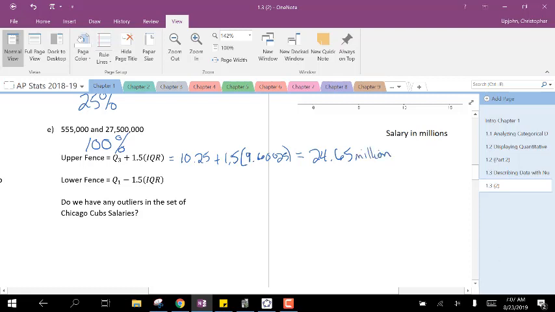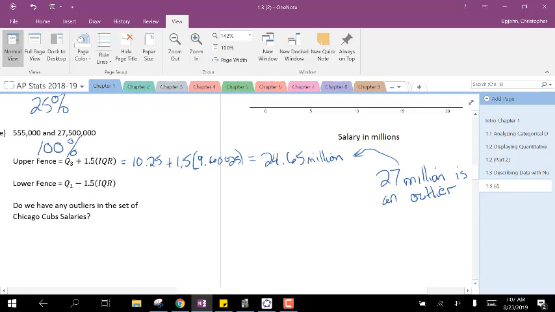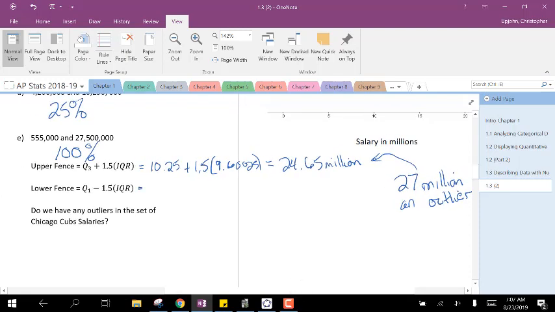Is there a number greater than that? Yes. Let's see, 27 million is an outlier because it's greater than that. Now on the low side, Q1 is at 0.64975.